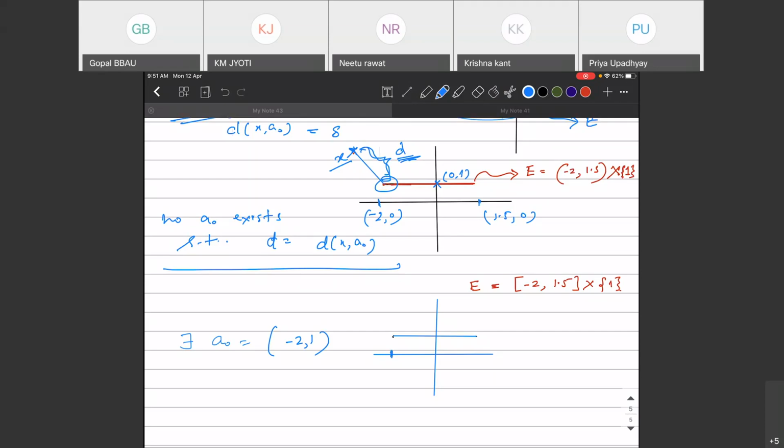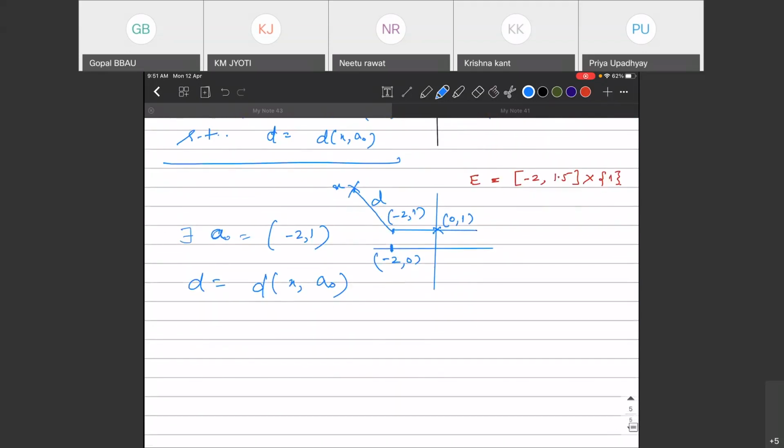If this is (-2, 0) and this is (0, 1), this point will be (-2, 1). And when my X is here, and this distance is d, then d equals the distance between X and A naught.